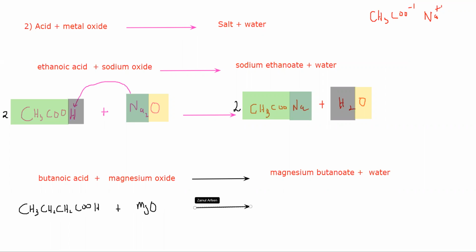When they react, magnesium is group 2, so this will be CH3, CH2, CH2, COO in a bracket, in a bracket 2 Mg plus H2O.